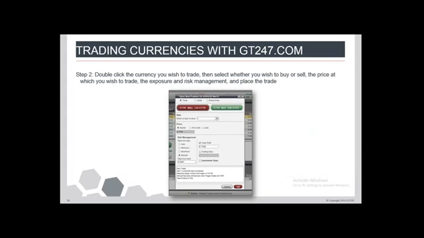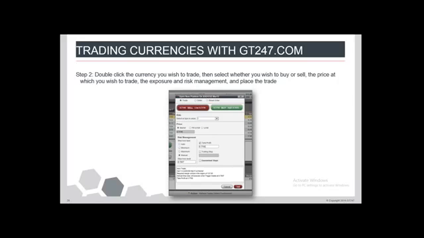Step 2 requires you to double click on the currency that you wish to trade in your watch list and then select whether you would like to buy or sell it, after you've done your homework, your fundamental analysis, your technical analysis as well, and you've decided whether to buy or sell.